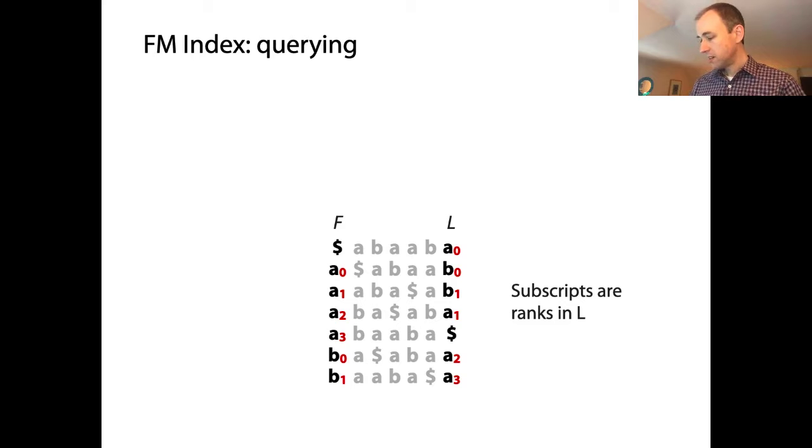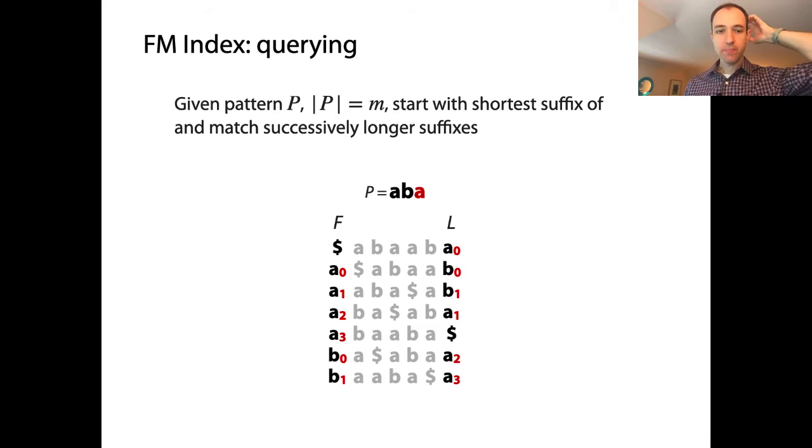Okay? So if we're given some pattern P, I've got a nice short example here where our pattern is ABA, of length m. The process we're going to go through is a process of matching longer and longer suffixes of the pattern. We're going to start with the shortest suffix, just A in this case, and discover which are the rows that start with that suffix.